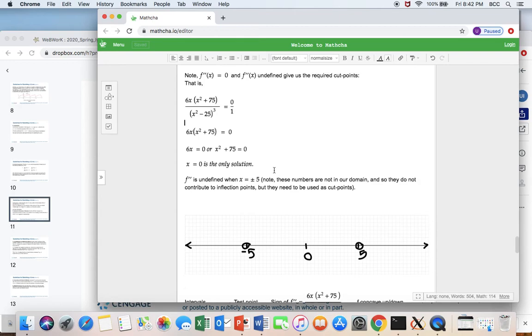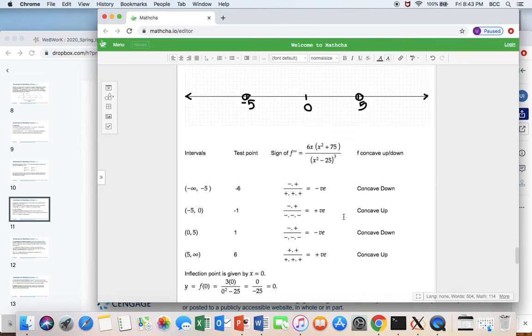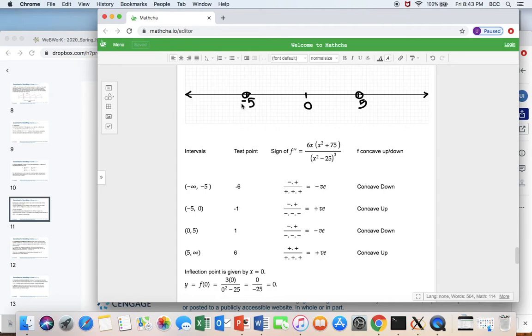When the second derivative is undefined, the same story, denominator 0 gives me plus 5, negative 5. But remember, these are not in my domain. So they won't give me inflection points. This one might. Okay. Now let's study concavity. 3 intervals: negative infinity to negative 5, I chose a test point.